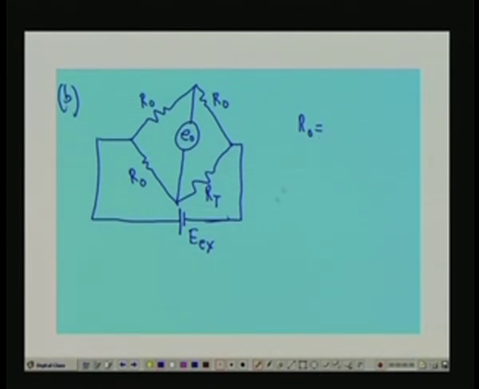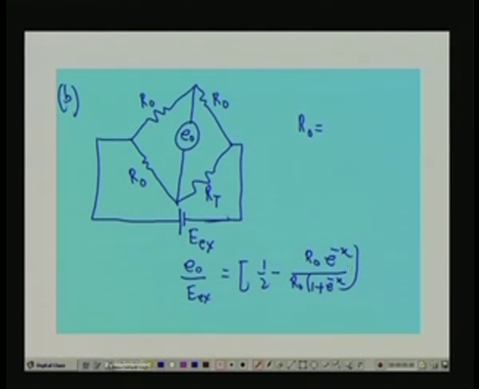From the circuit we can obviously write that E naught by Ex equal to half minus R naught e to the power minus x upon R naught times 1 plus e to the power minus x, right.